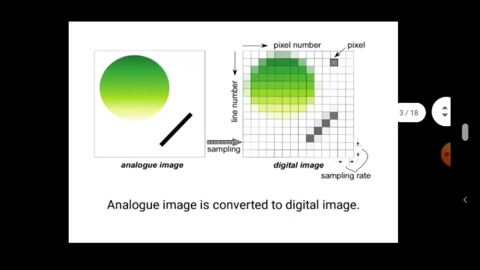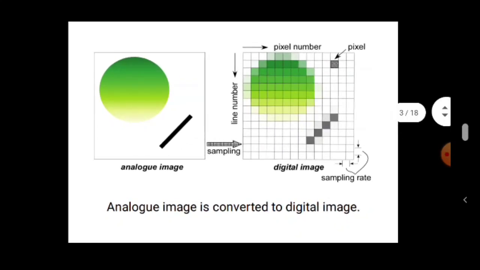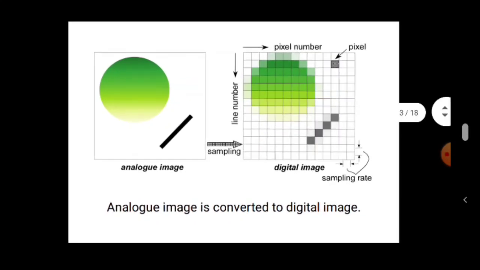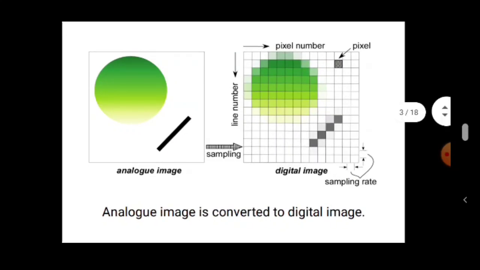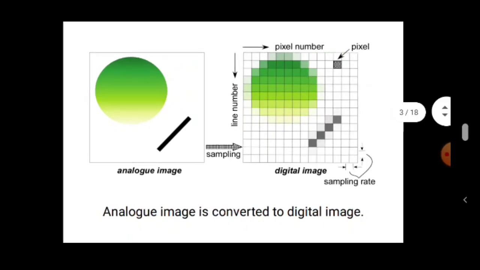When it comes to digital images, those are produced by electro-optical sensors, and they are composed of tiny equalized square picture elements, called pixels, arranged in a two-dimensional matrix.